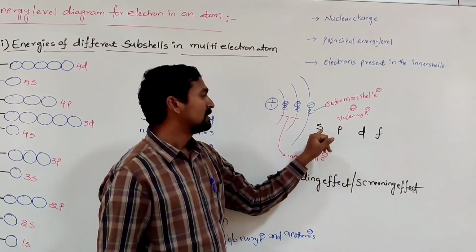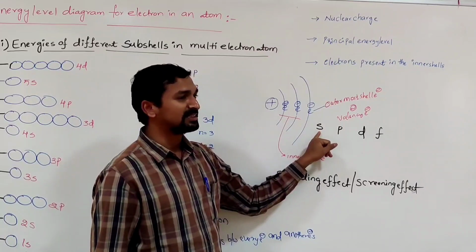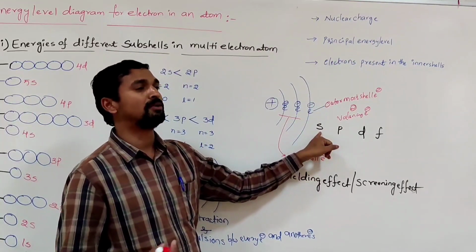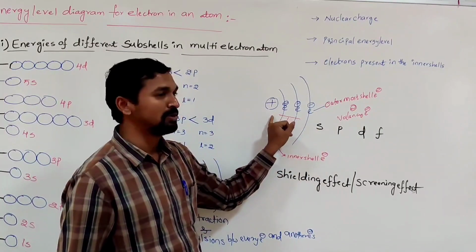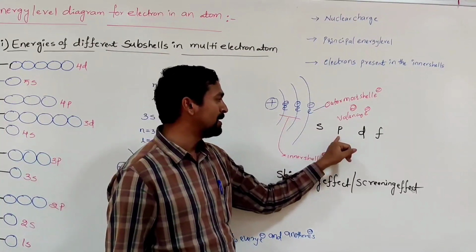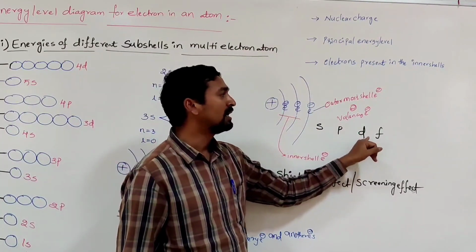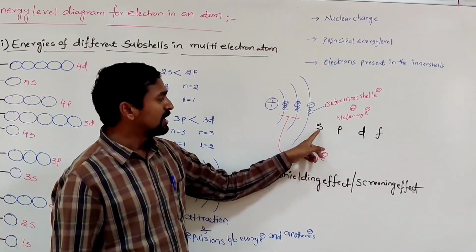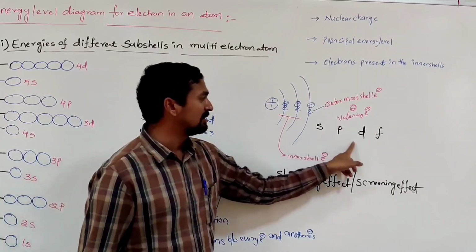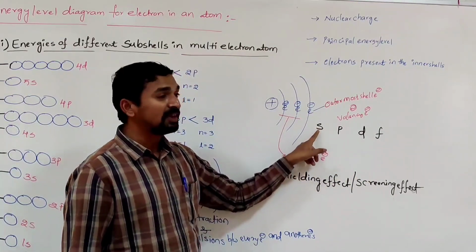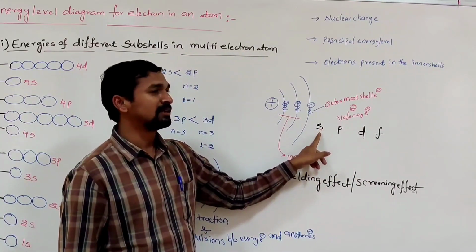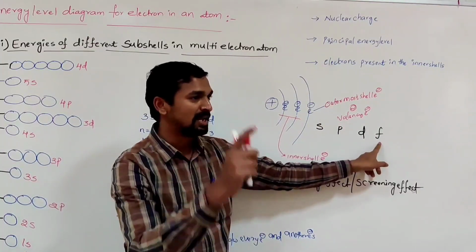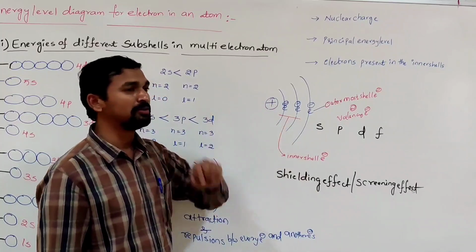That means the electrons present in the S subshell always experience more positive charge from the nucleus as compared to P, as compared to D, as compared to F. So, even though they are all present in the outermost shell, S experiences more positive charge, and F experiences less positive charge from the nucleus.